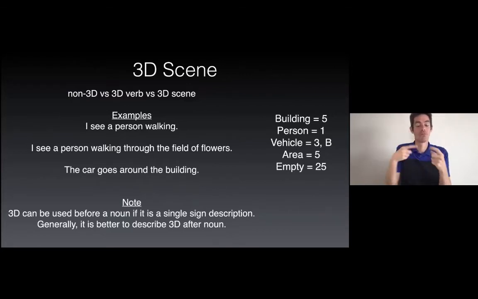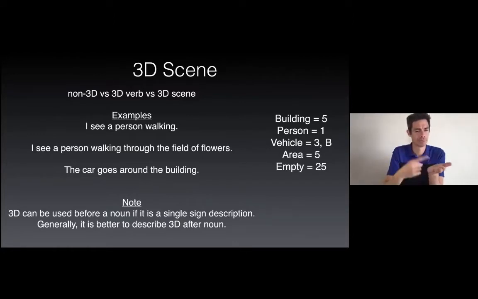It's because I'm using the hand shape. The car goes around the building, but you don't know what I'm talking about. But with 3D scene, you can see the car and the building shape, and it's much more clear to see, oh, how everything relates. So you don't have to put the verb in there specifically, you just see how it's all included. Everything's pretty obvious.